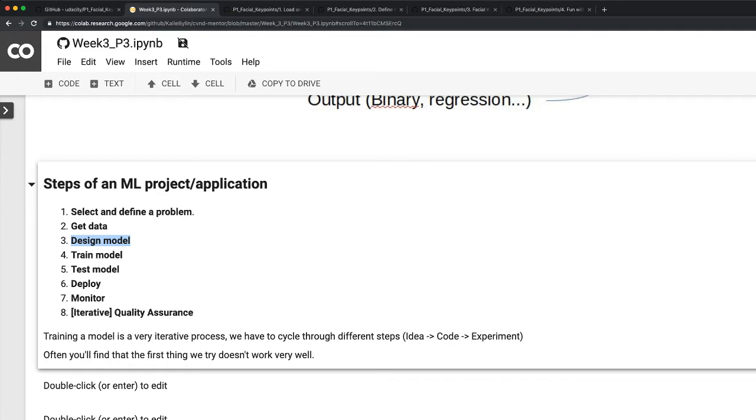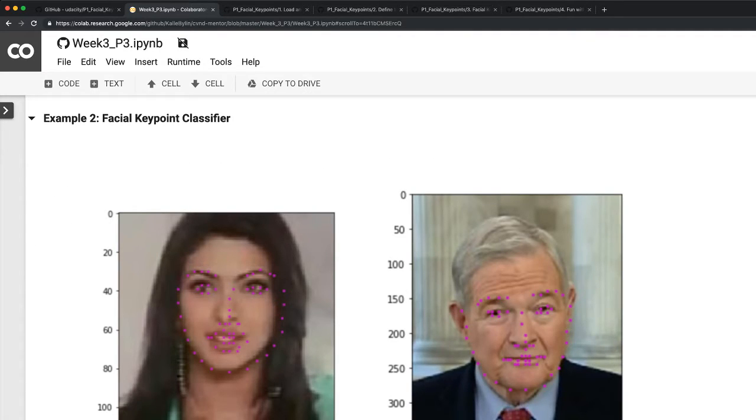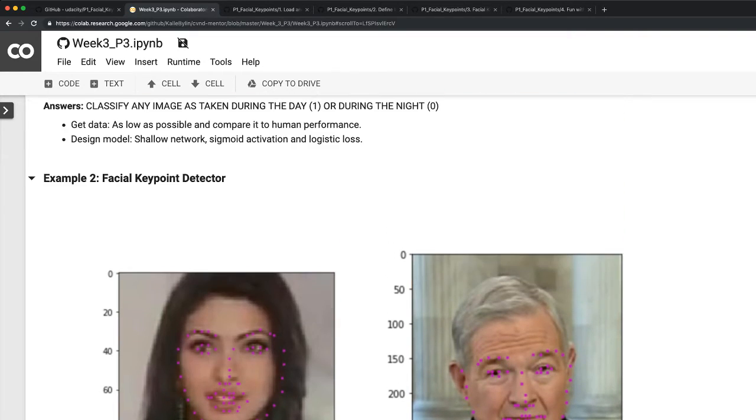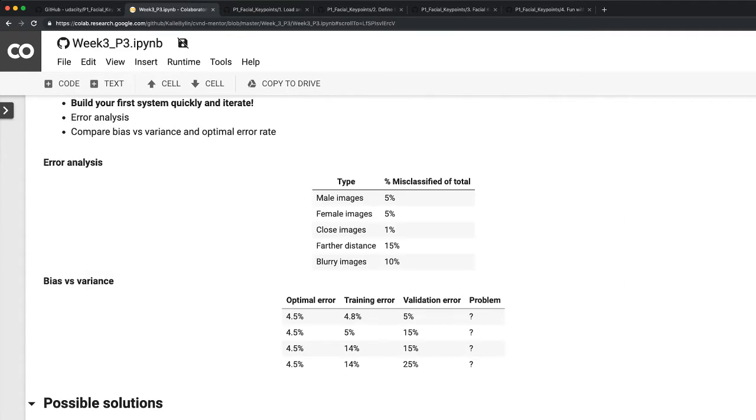There are so many papers out there, and so many people doing research in different areas. You can find awesome research in audio models, working with audio, video, images, texts, structured data, unstructured data, everything. So if you jumped into the facial key point detector problem, and you want to work on this, you don't have to invent the architecture from scratch.